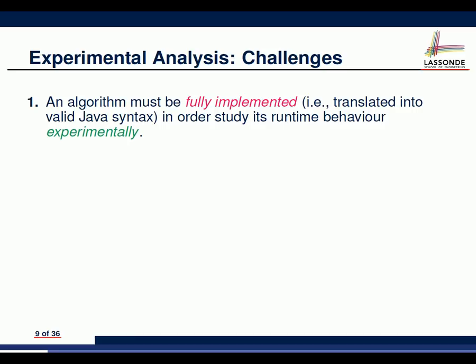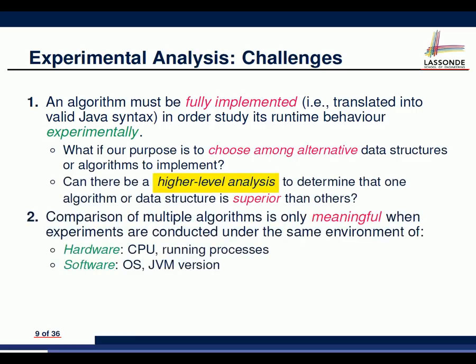So that's one drawback. The second thing is about really comparing apples to apples. You want to make sure you run the experiments on exactly the same execution setup, the same hardware, the same operating system, and the same process load for your computer. So it's not that easy to control.